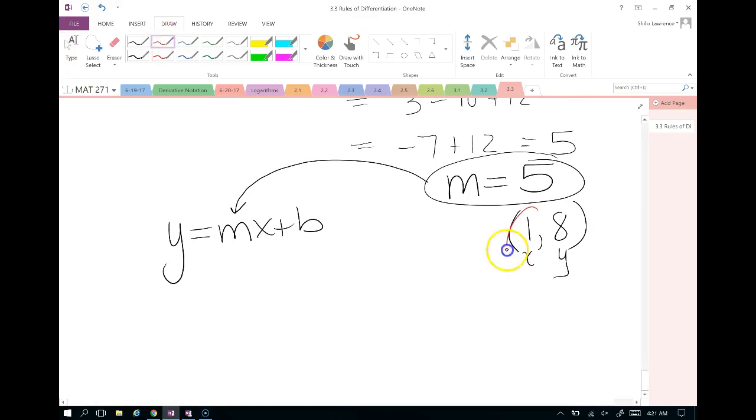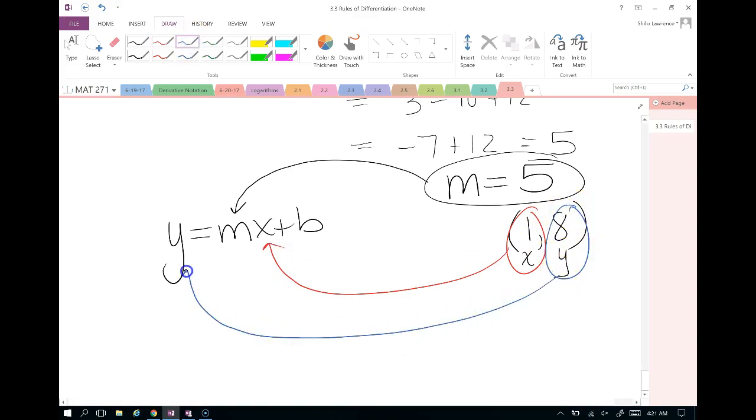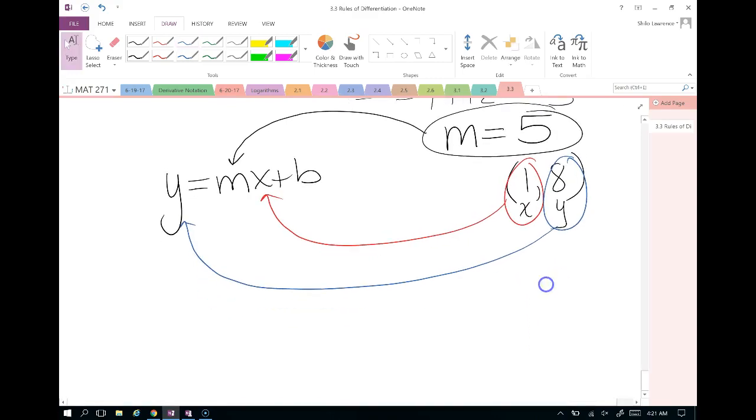So I'm going to say x is 1, and y is 8. That is one xy coordinate pair that satisfies this equation. So I can plug them in, and I know 3 of those 4 values in that equation.